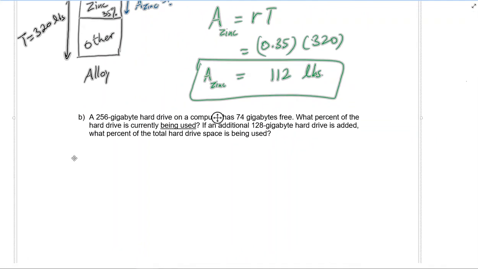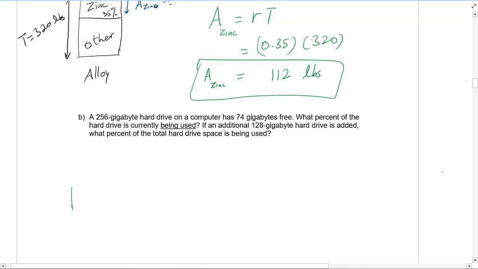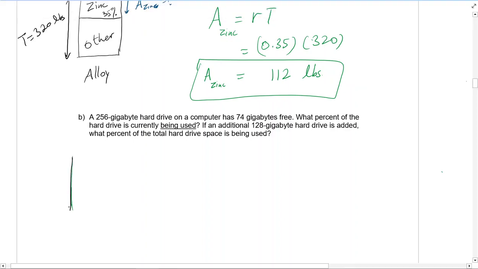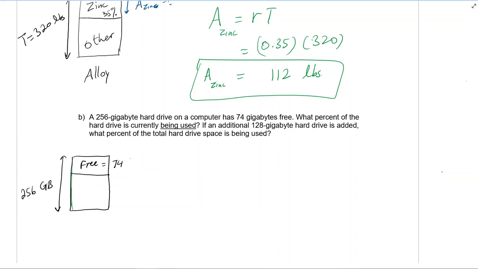All right, so you have some space on a hard drive, and they're saying the total space is 256 gigs and 74 is free, so we have some free space, and we have some used space.